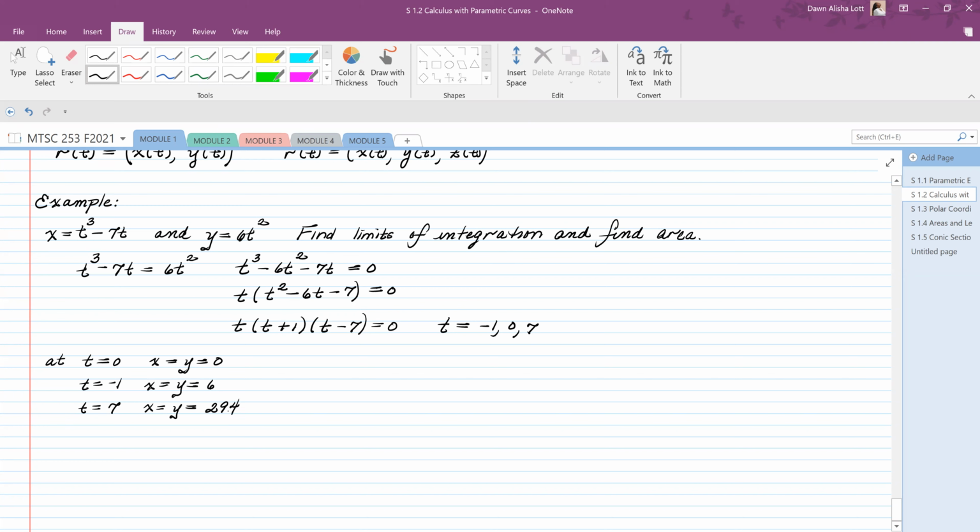And so the question says, find the area of the enclosed region. And I had to find the limits of integration.